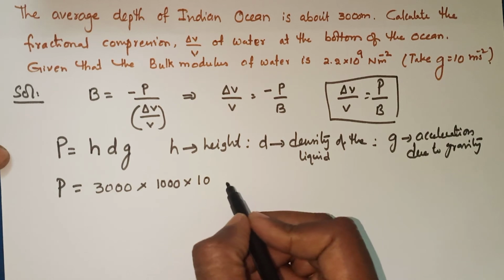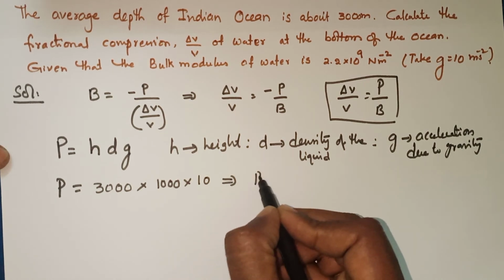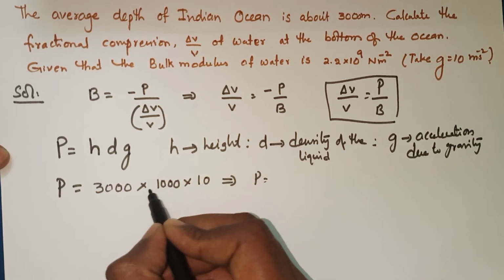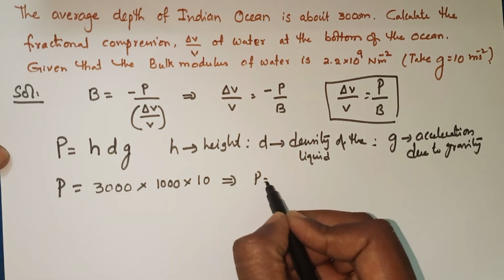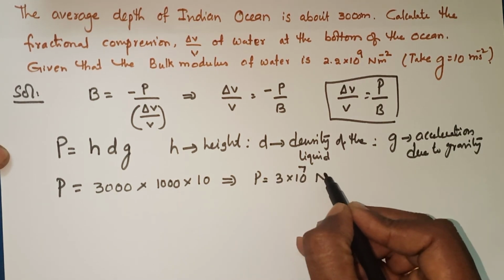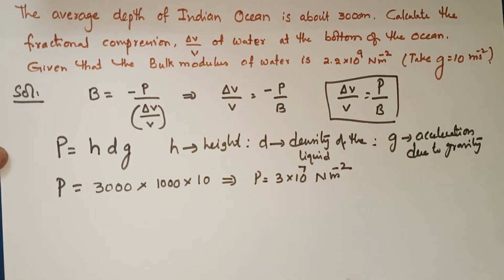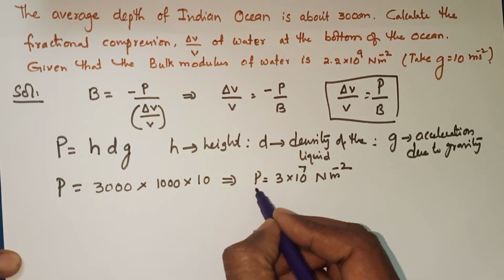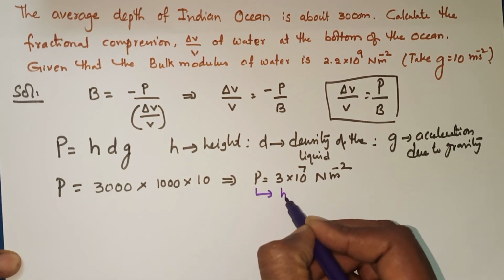So you can write P is equal to 3 into 10 power 7 Newton per meter square. This is the pressure. This is also called hydraulic stress.